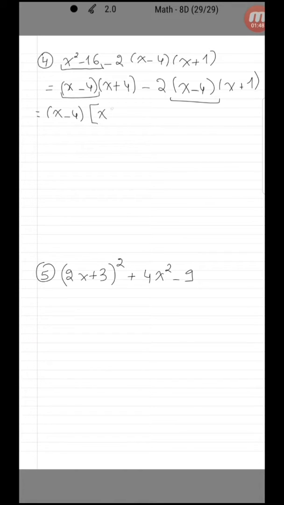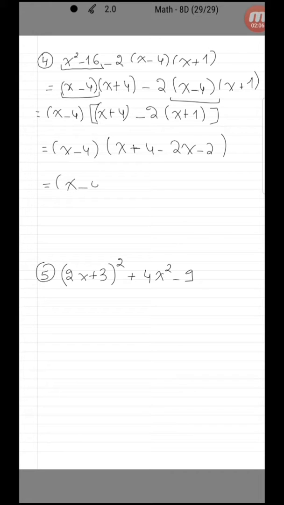I'm left with x plus 4 and minus 2 times x plus 1, equals x minus 4, and now I develop inside the brackets: x plus 4 minus 2x minus 2 is equal to x minus 4, x minus 2x is minus x, plus 4 minus 2 is plus 2, and I'm done.